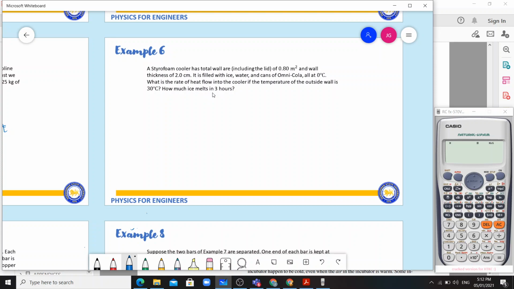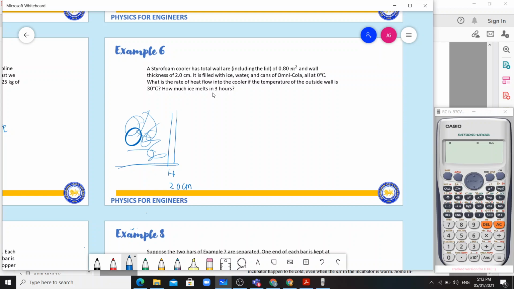Okay. So, if we draw this, there is a cooler. For example, this is the cooler. Here is the ice and the cola. Okay. The thickness is 2.0 centimeters.